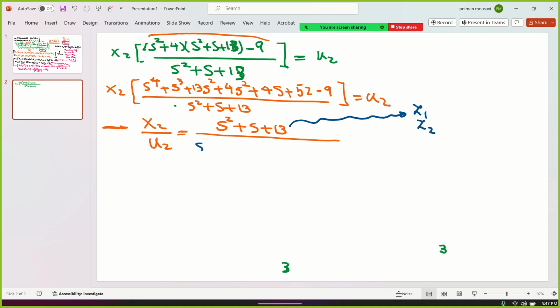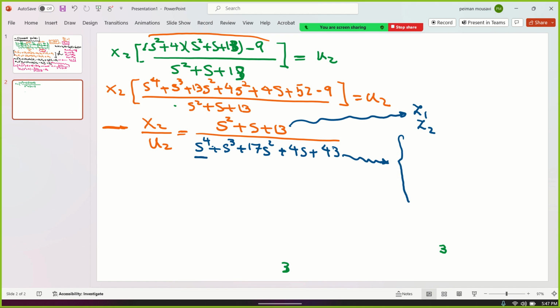So you have s4 here, plus s cube, plus 17 s squared, plus 4s, plus 43.